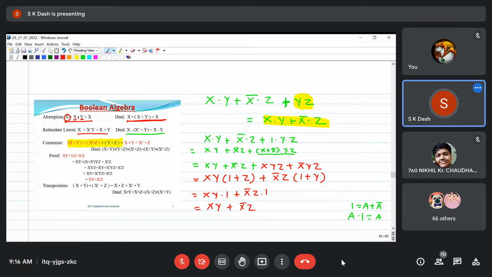So what happens? With the help of this theorem, we can remove this third term. Once it is proved, its dual is also proved.